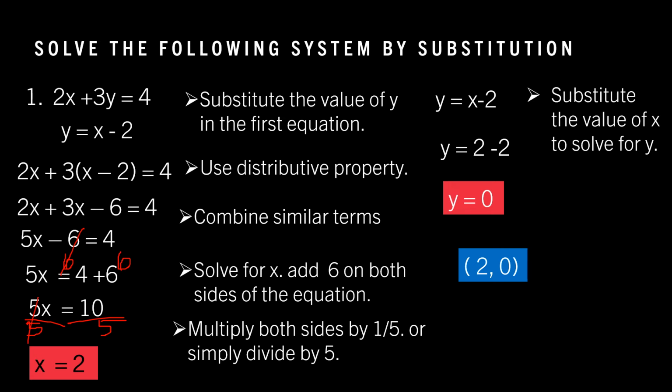That is the intersection of the line. That's what we are solving when we say solving the system of linear equation, which is simply finding the intersection of the two lines. Take note of that, don't forget.